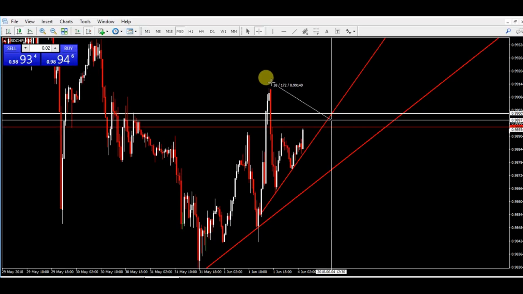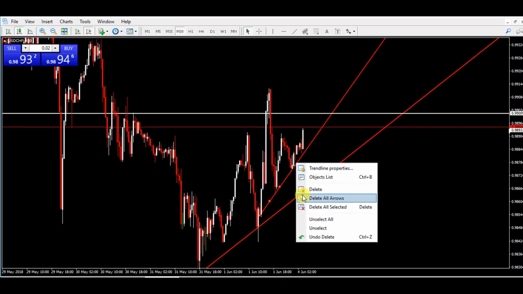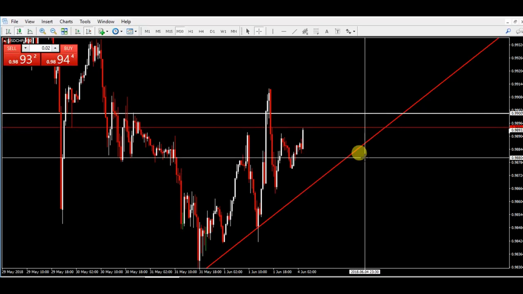So now you're able to get in with the 15 to 17 pip stop loss, based on the 30-minute chart, as opposed to waiting for a 1 hour candle closure below this one, which would have put you at something like a 35 pip stop.